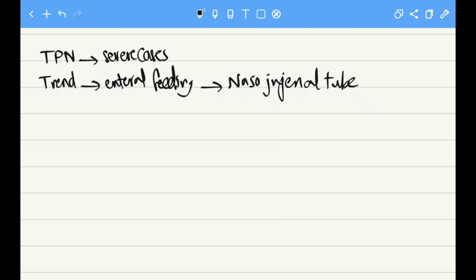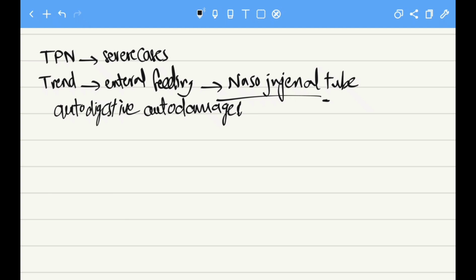Why nasojejunal tube? Because when the food passes into the duodenum, it will stimulate the pancreas to secrete its digestive enzymes, and it will cause autodamage to a lot of organs.